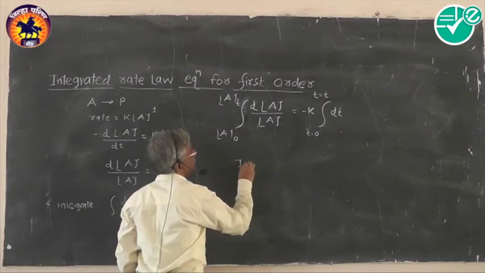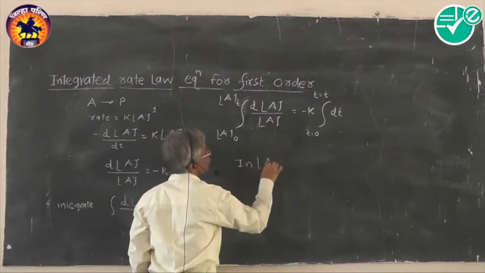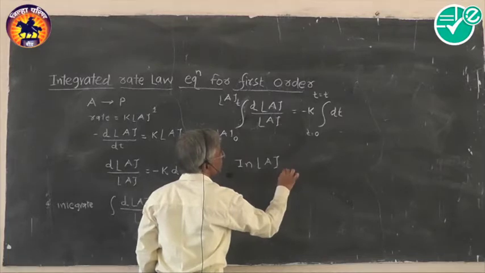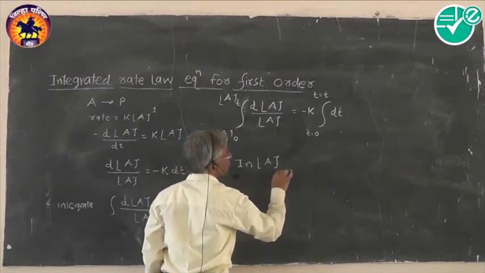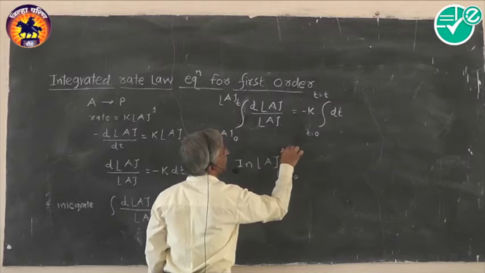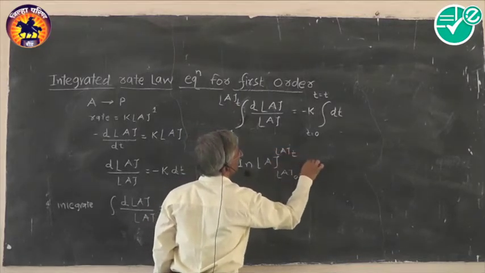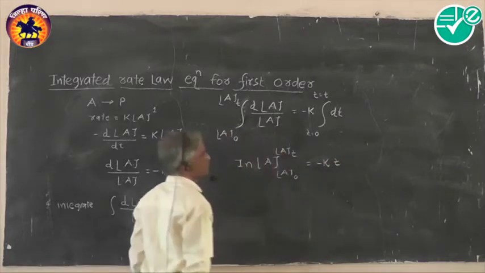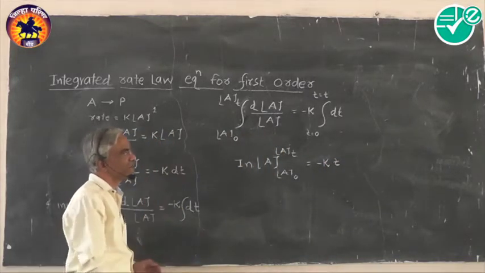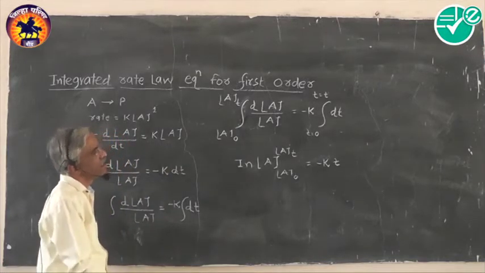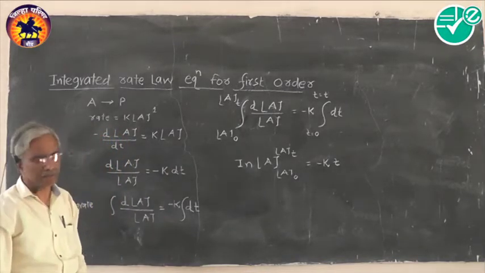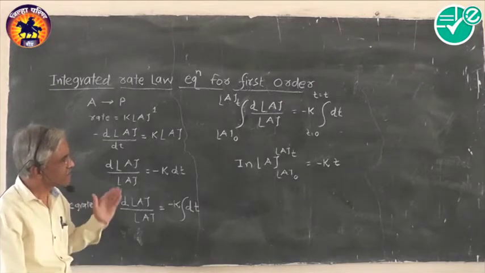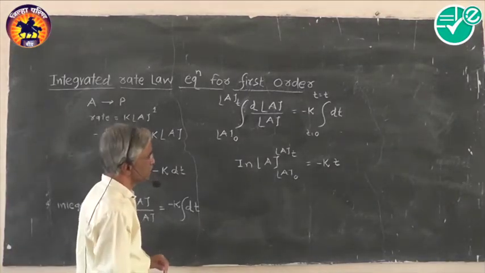Therefore I write ln of the concentration of A within the limits A0 as the initial concentration and At the concentration at time t, which is equal to minus k into t, because the upper limit is t and the lower limit is 0.